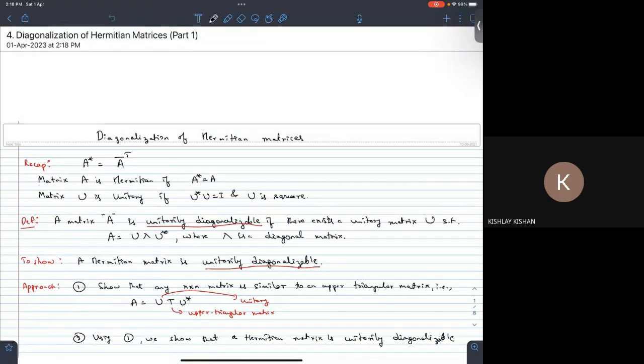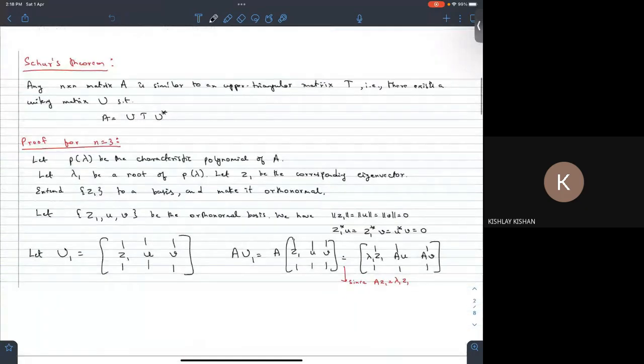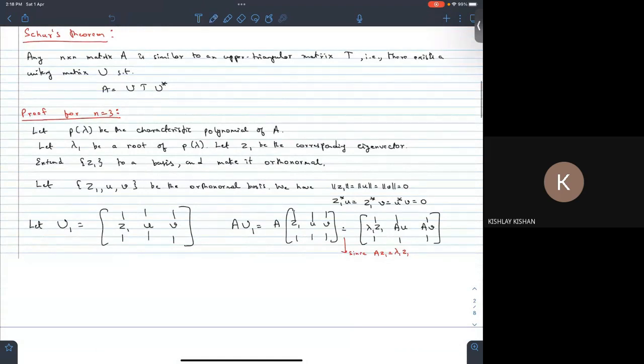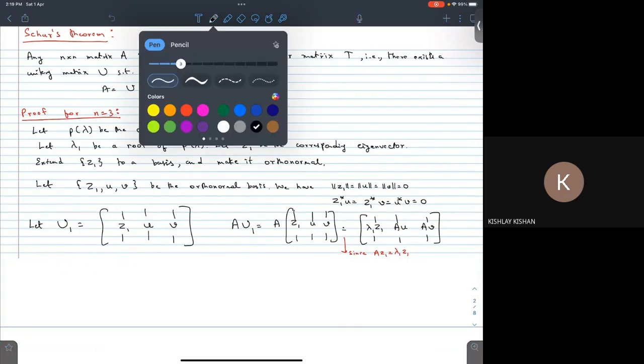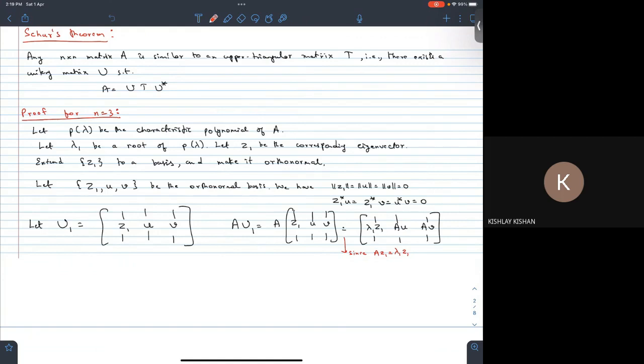Okay, this bit is because AZ1 equals lambda 1 Z1. So AZ1, the other will be AU and AV. So until here, is it clear? Yes, sir. Okay.